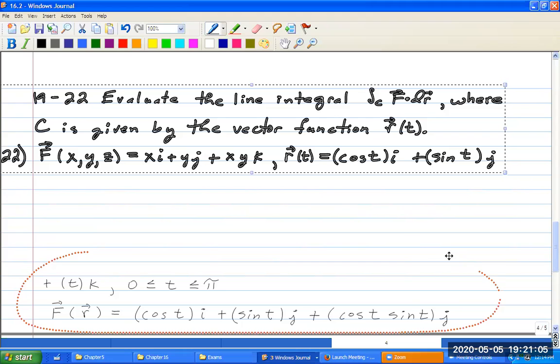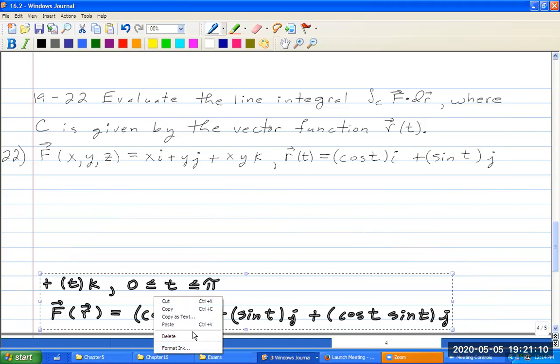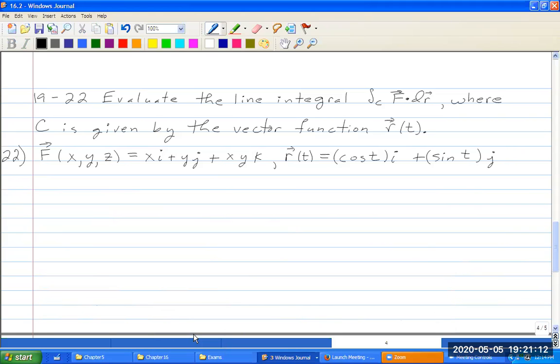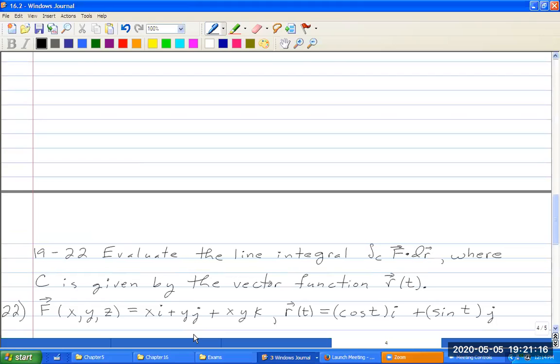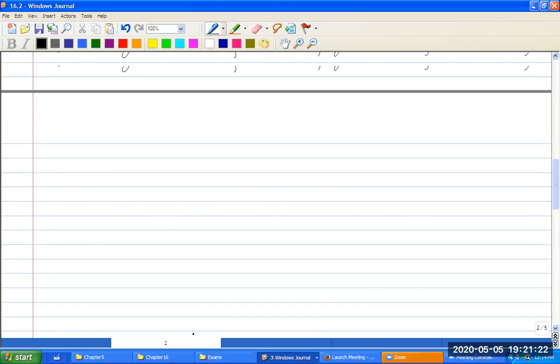Okay. So let's do on page 1124. Okay, move. Here it is.